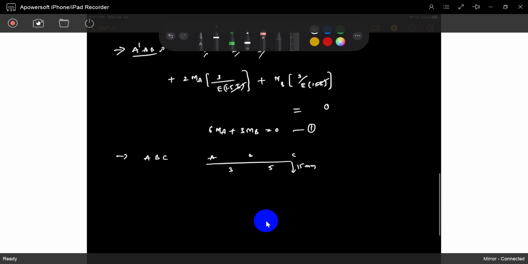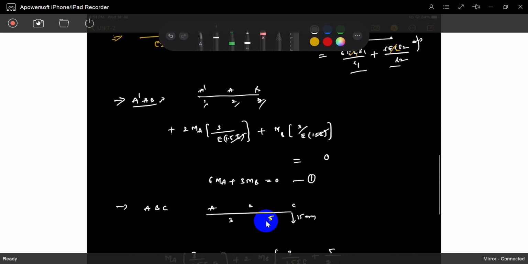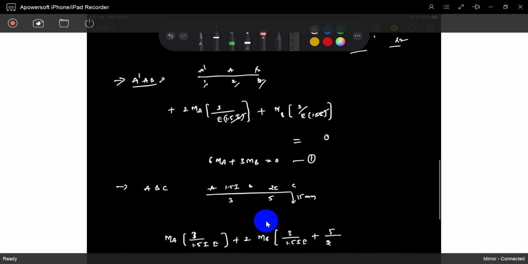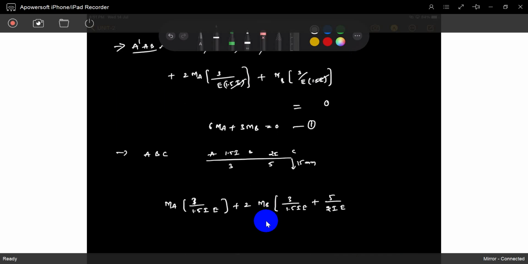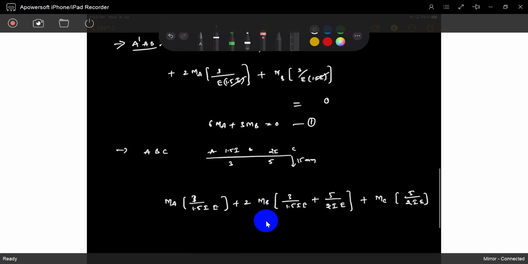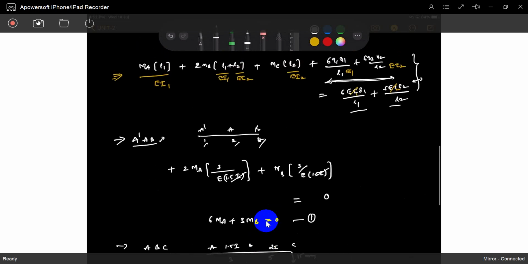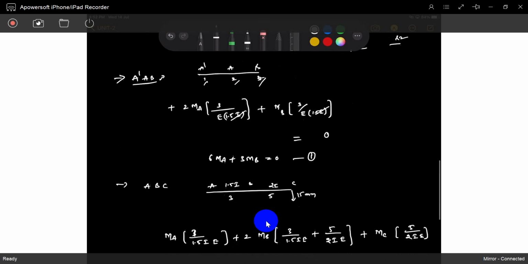So write it: MA L1 is 3 divided by 1.5I E, plus 2MB 3 divided by 1.5I E, and next is 5 divided by 2I E, plus MC 5 divided by 2I E. So loading, there is no loading, just avoid it. If loading is there, you just do it. We did so many problems, that's why I avoid it.